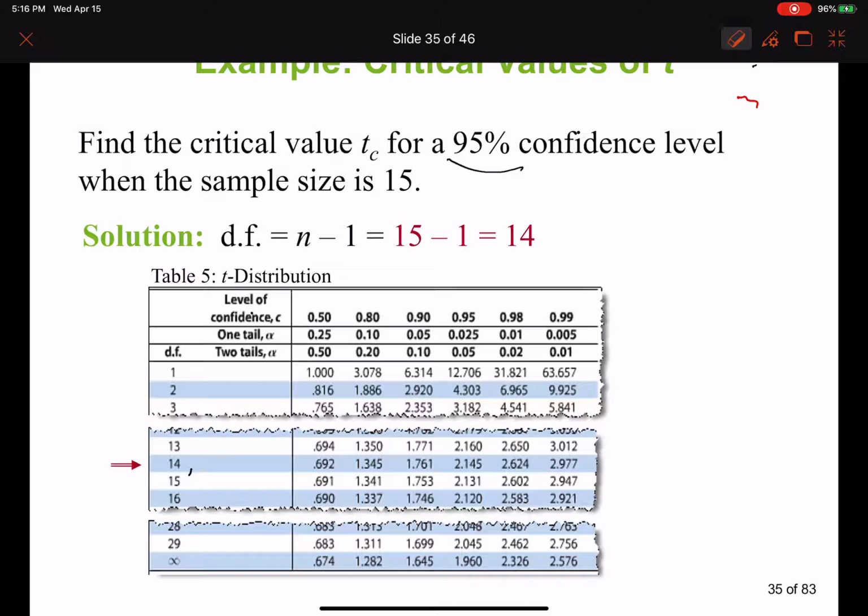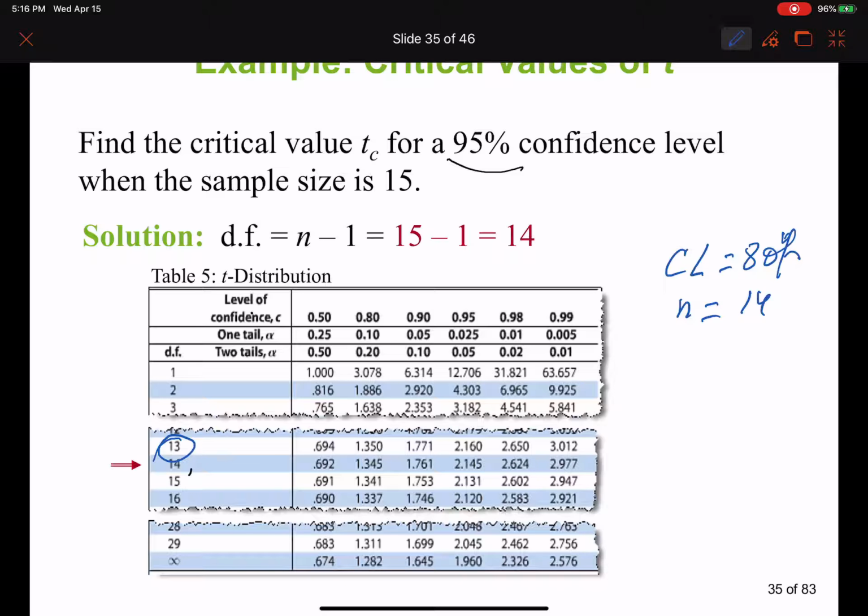Okay, so let's assume we have a confidence level of, for example, 80%, and the sample size is 14. So if the sample size is 14, that means the degree of freedom will be 13, right?